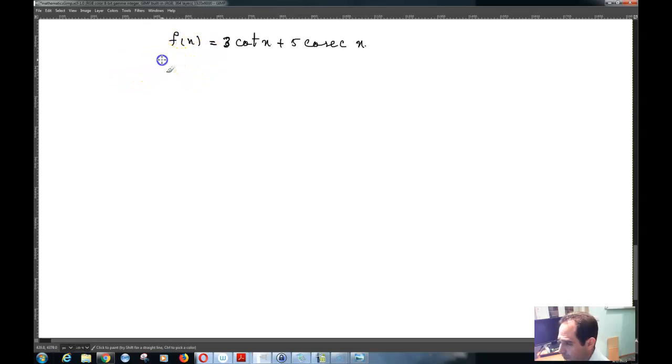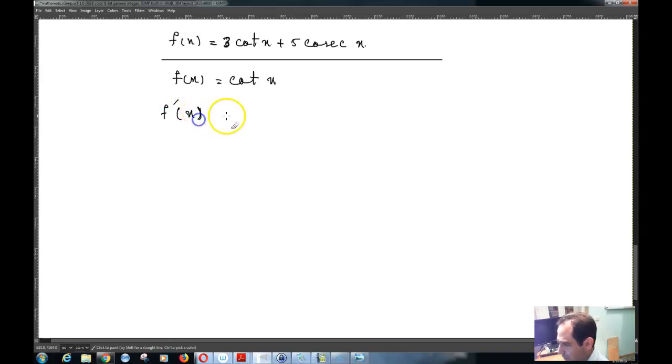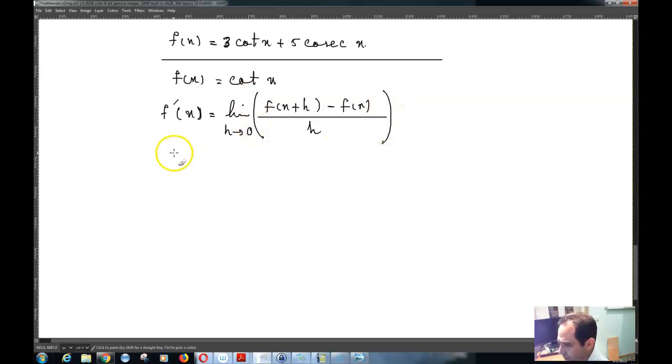So now suppose that f of x is equal to cot x. Then assuming that, and that's a safe assumption to make, that f prime of x is equal to the limit of f of x plus h minus f of x over h as h tends to 0, then f of x plus h is equal to cot of x plus h.